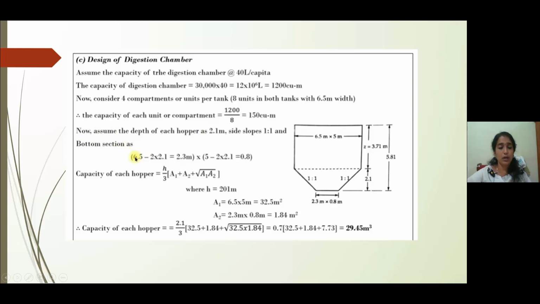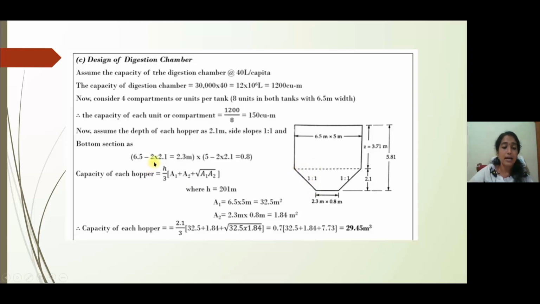Then the bottom section dimension can be found out by 6.5 meter, the total width of the digestion chamber, minus 2 into 2.1. 2 into 2.1 means the portion, the dotted line shown in the figure, this is the 2.1 portion. That is this much part.